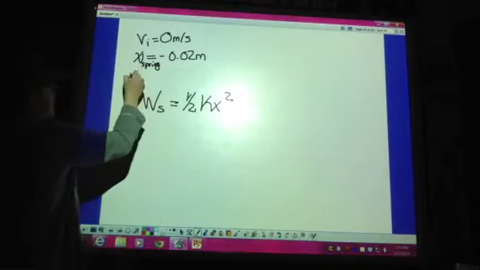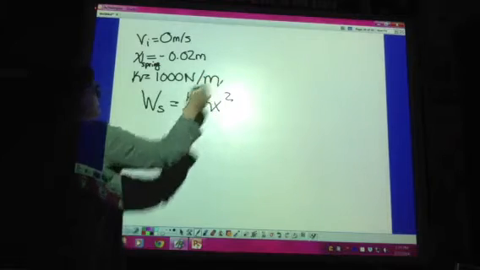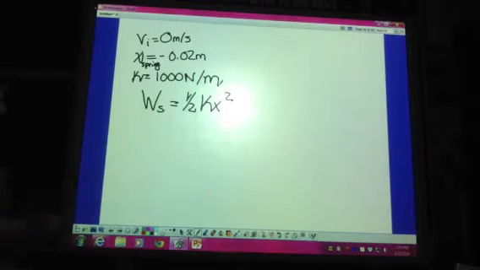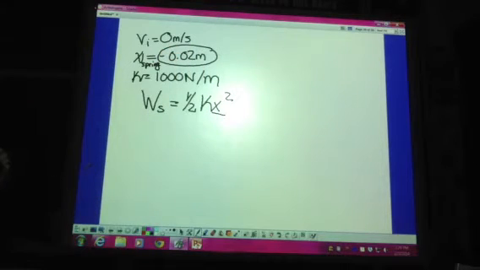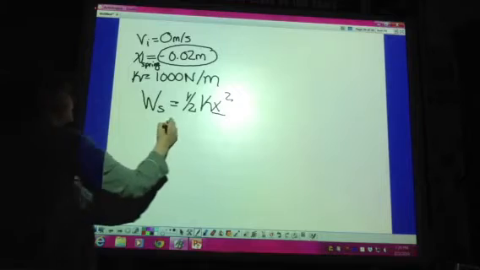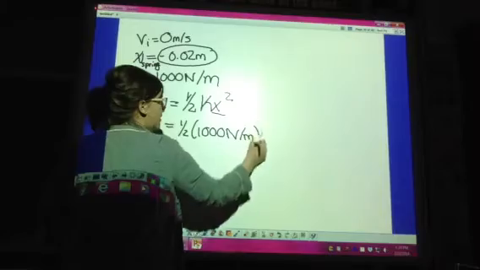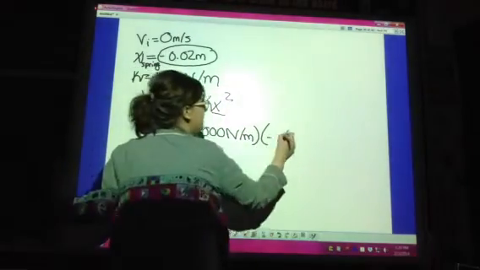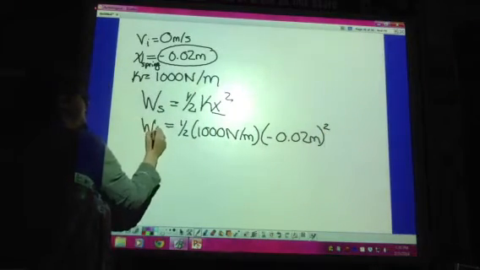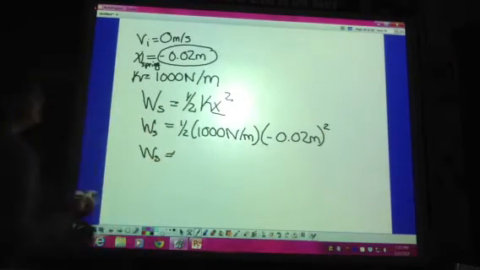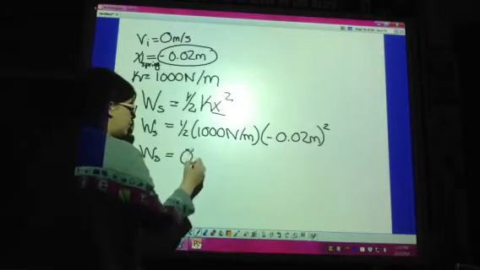We know k, that was 1,000 newtons per meter, and we know x, it was compressed a negative 0.02 meters. If we plug that in, 1/2 times 1,000 newtons per meter times negative 0.02 meters, squared, we should get the work done by the spring on the system to equal 0.2 joules.